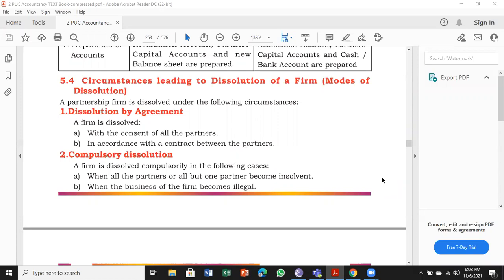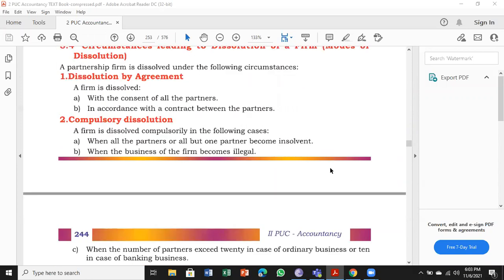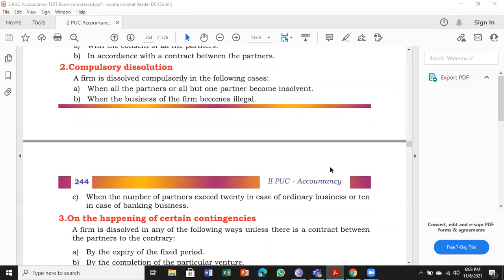If it is mentioned in the agreement, C being the important partner who takes care of everything in the business, the entire business depending upon C, then the partnership has to be closed according to the agreement. Point number 2, compulsory dissolution. Compulsory, please understand.